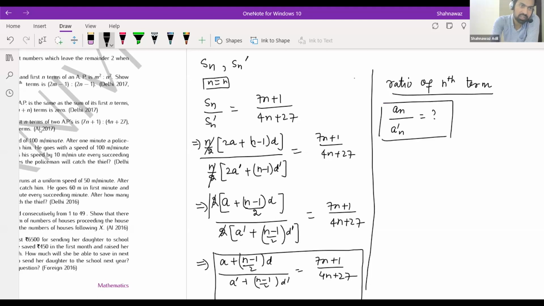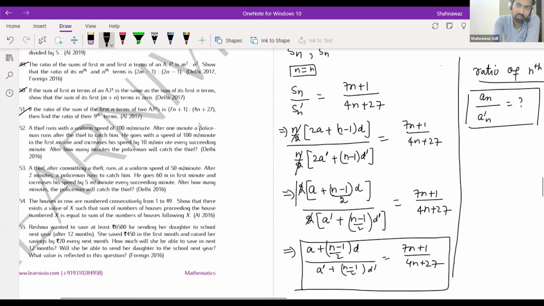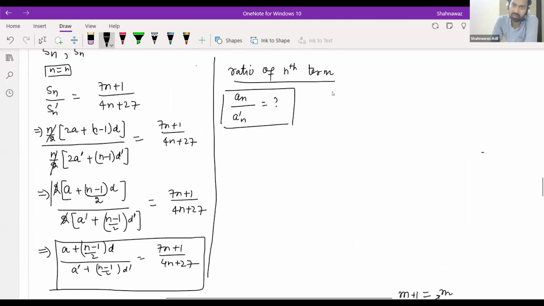Understood? Because we need to find a9 divided by a9 prime. So this we need to find out.